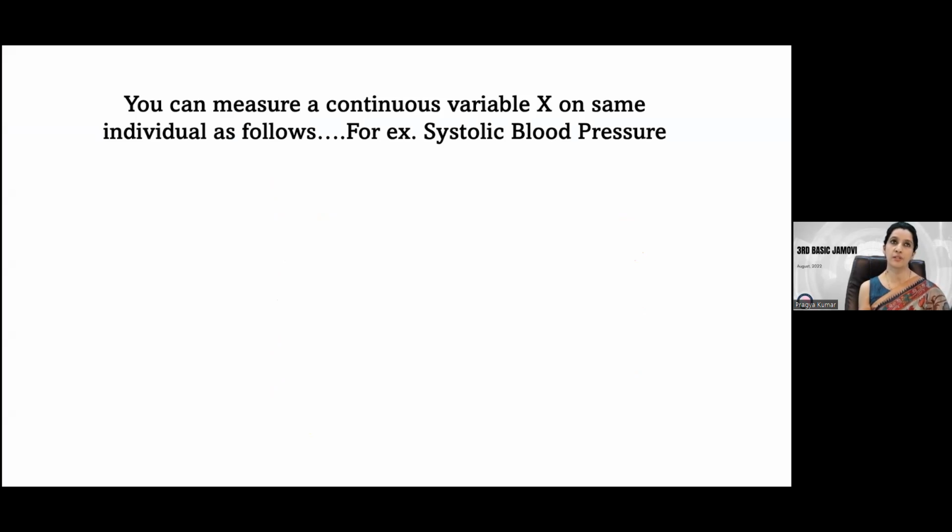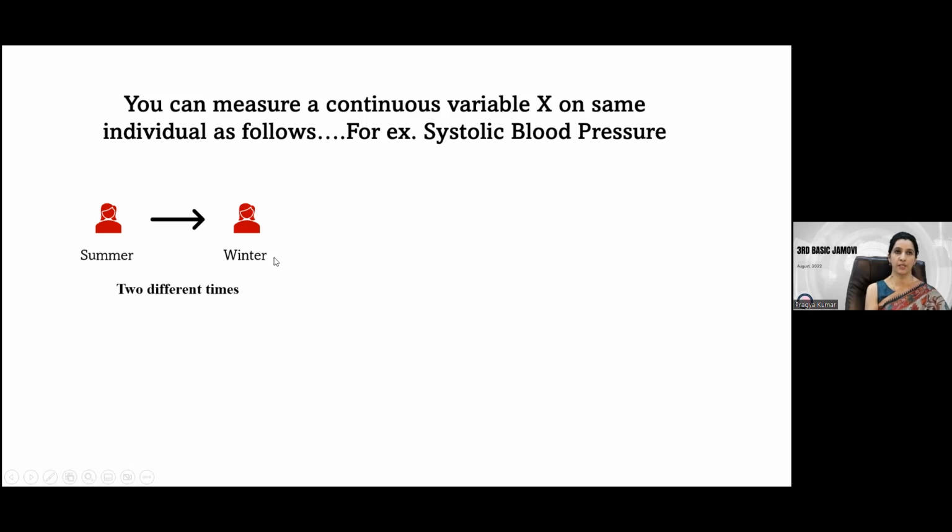Suppose I want to measure a continuous variable on the same individual, like systolic blood pressure, and I have measured the systolic blood pressure of those people in summer and then again in winter. So I am measuring this value twice at two different points.